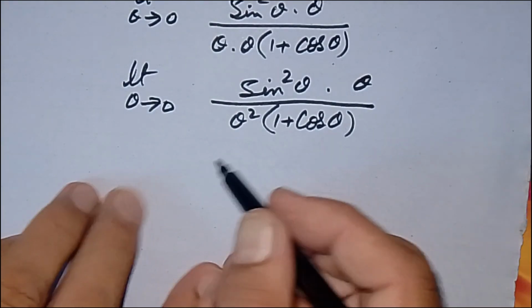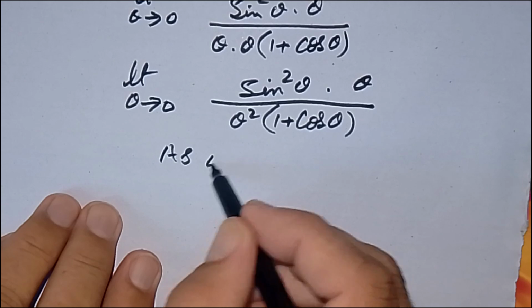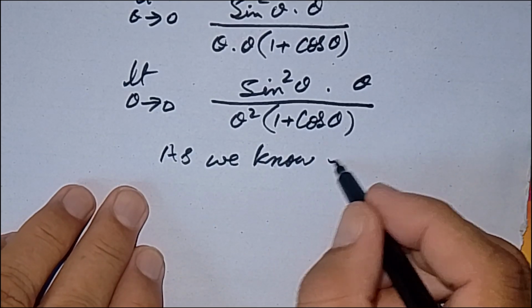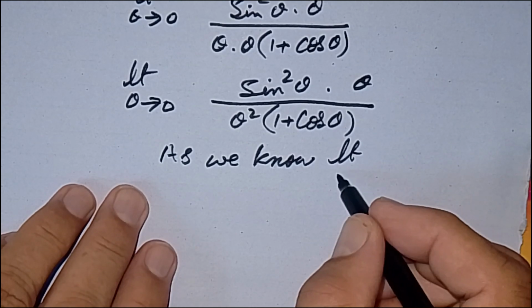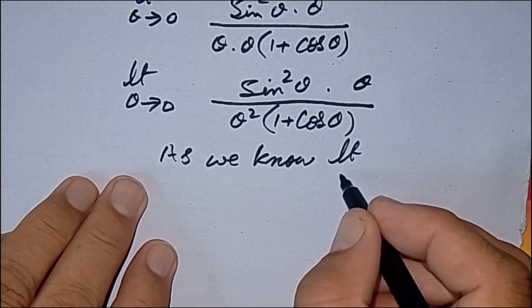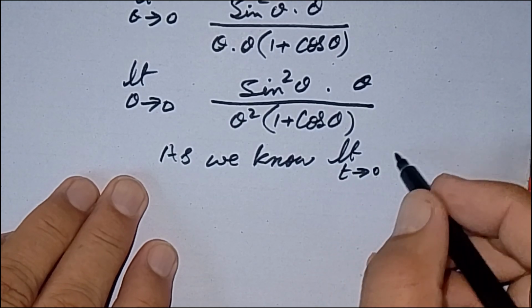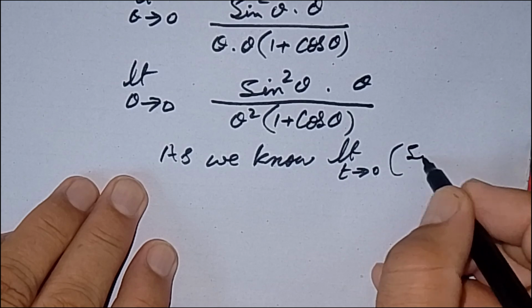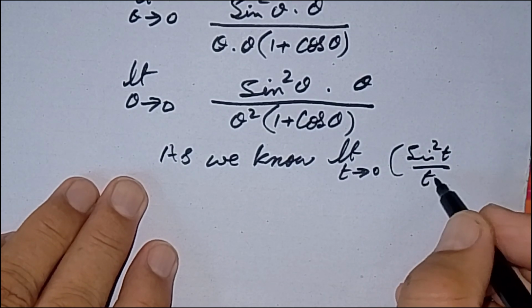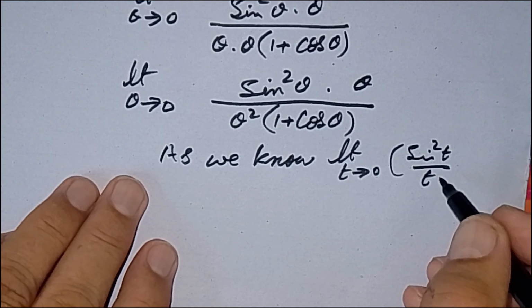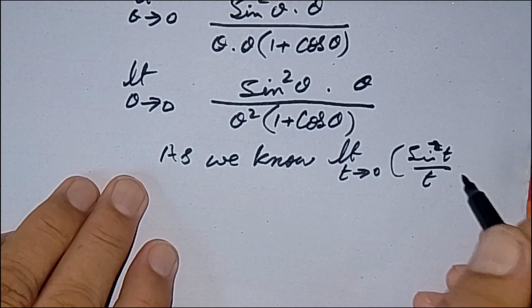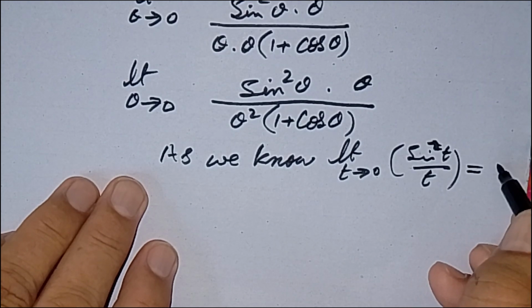As we know, limit as t tends to 0 of sine t over t is equal to 1.